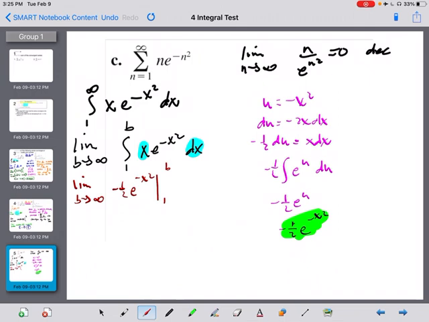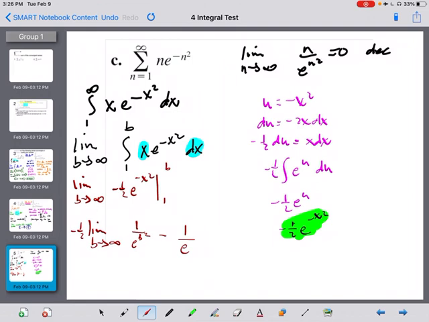So you know what I'm actually going to do? Watch this. Negative 1/2, the limit as b approaches infinity. Move that negative 1/2 on the outside because I can. And this is going to become 1 over e to the b squared, subtract 1 over e. That's me dropping the x squared down to the denominator to get it to be a positive exponent.